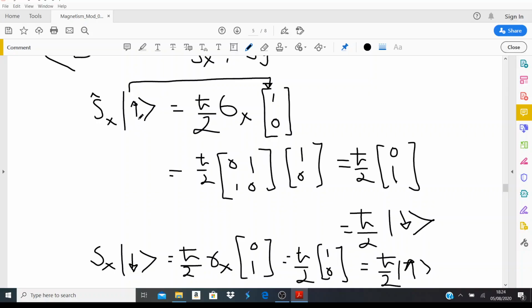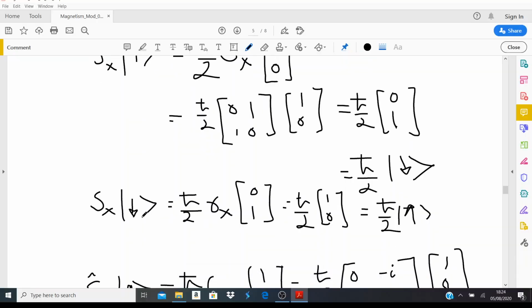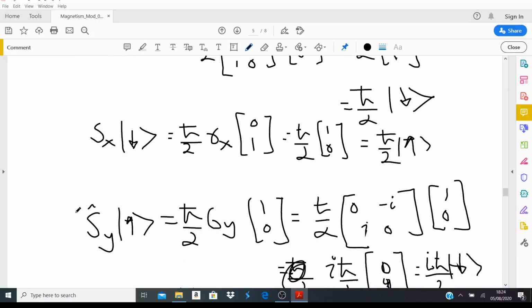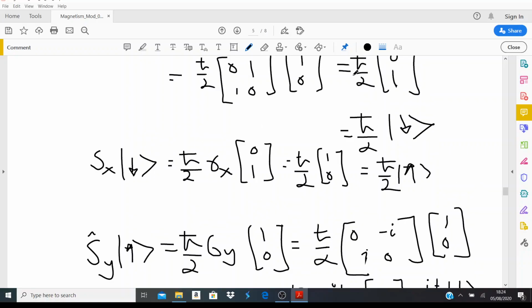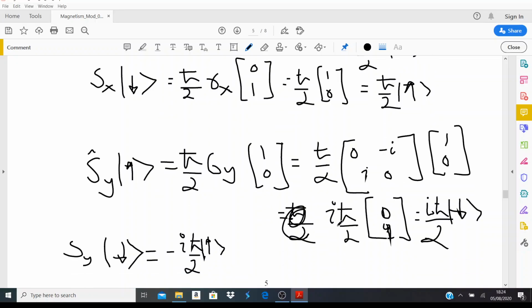Up means the sz component of the total spin vector is plus half, and for the down state, the sz component is along the minus z axis, right? And you can see that although the sz operator preserves the spin, Sx and Sy flip the spin orientation. They flip up to down and down to up with different coefficients, sometimes ħ/2, sometimes plus or minus iħ/2, but they flip the spin, right? That's a very important point to remember.